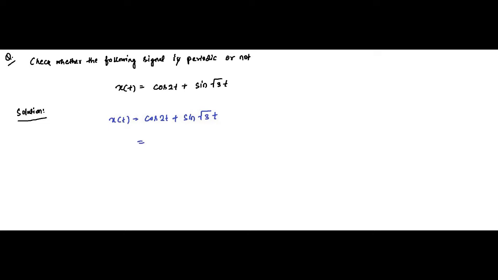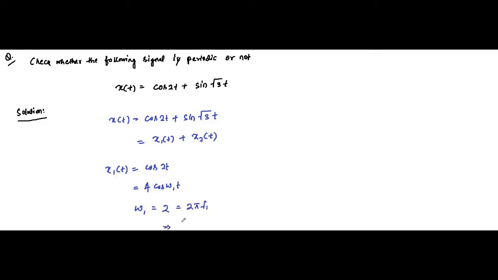Now let this be x1(t) plus x2(t). So x1(t) is cos 2t. If we write it in the form of a cos omega 1 t, here omega 1 will be 2, which is equal to 2 pi f1.